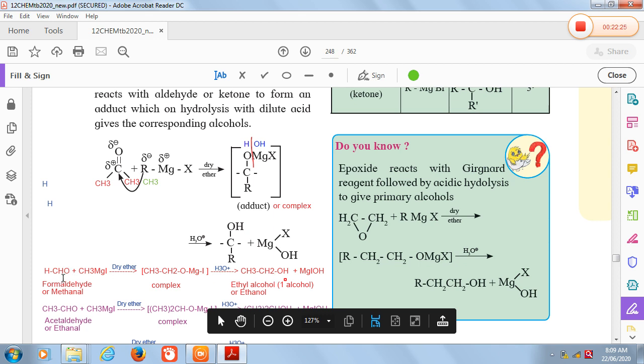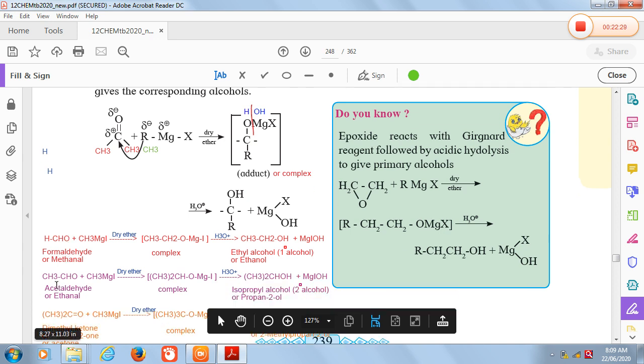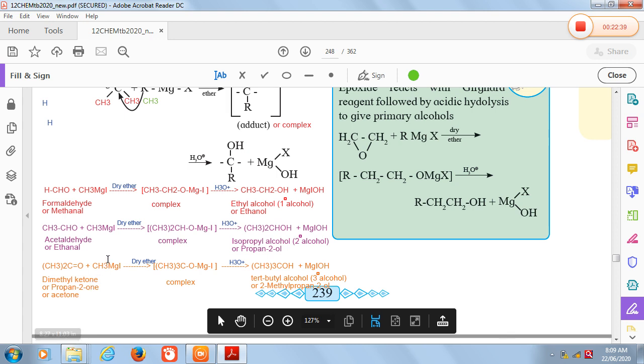Or if you take acetaldehyde, there are two carbons in your aldehyde, but in your product there are three carbons. So the number of carbon atoms is increased. Or you can check in ketone also. It depends on your Grignard reagent, how many carbons are involved in that Grignard reagent. That number of carbons is increased in your alcohol.